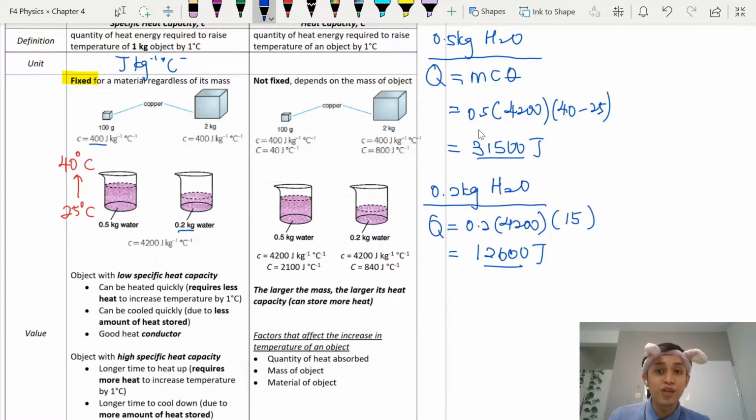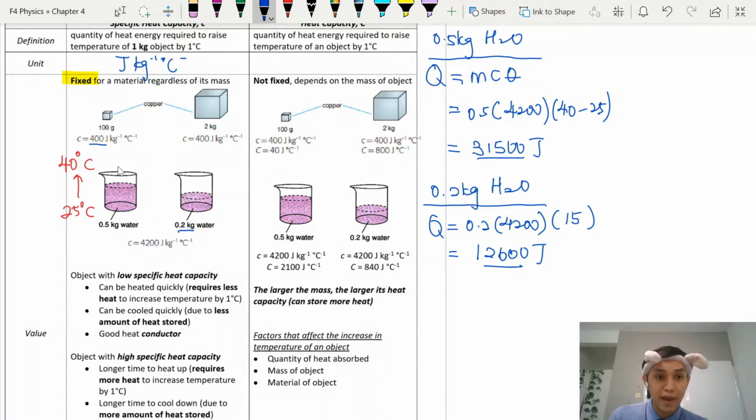Through calculation, I'm going to repeat this once again. The lesser one, since you have less mass, needs less heat energy to increase your temperature. That's why it will heat up faster compared to 0.5 kg.